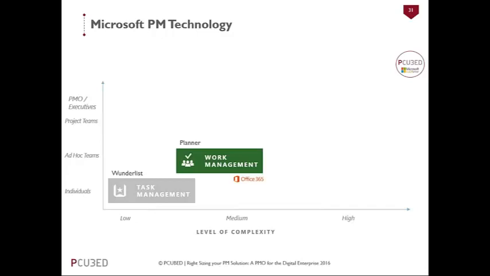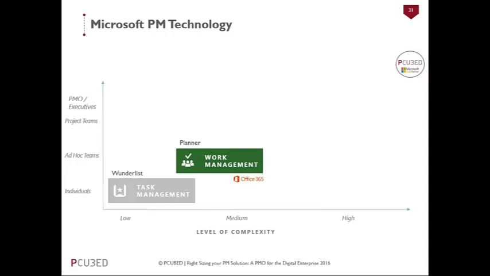The next product that Microsoft has acquired is called Planner. It's actually available free through Office 365. I should mention also Wunderlist is free just as a downloadable app. We actually used Planner a little bit as we were preparing for these presentations, and it's again an app that is available.